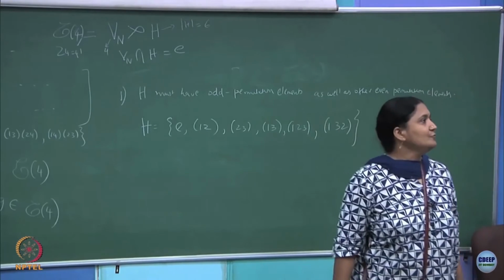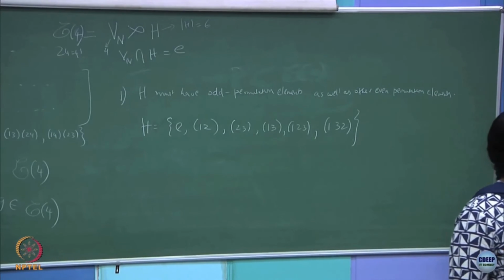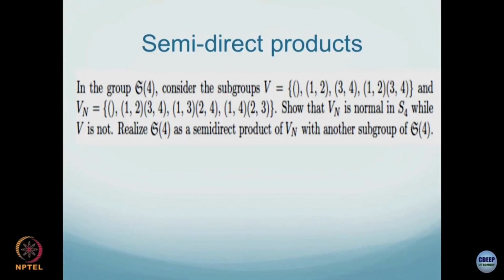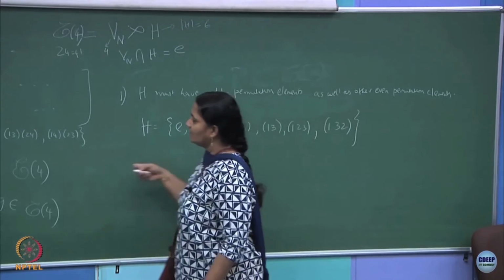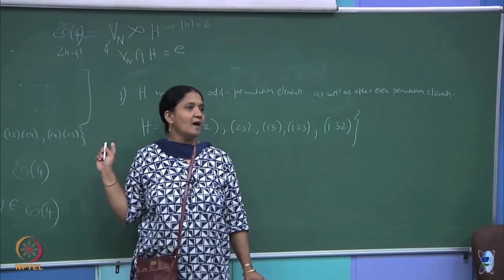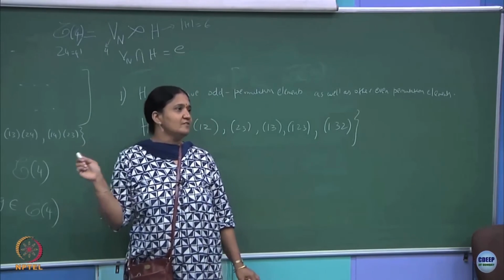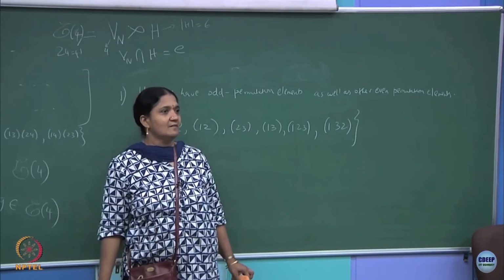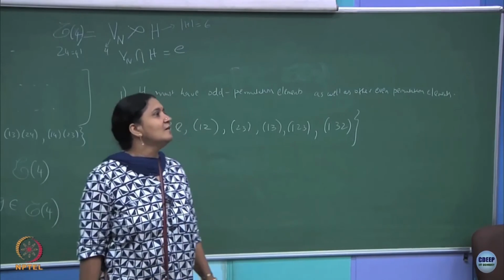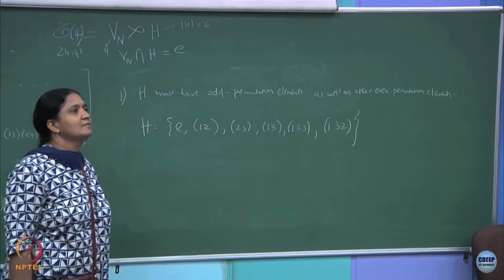By now all of you should be comfortable with the cycle structure notation or the other notation. The intersection of this with this is only the identity element. I have not still shown whether it will generate all the elements, but you can check at random, can you get a 4 cycle out of this.